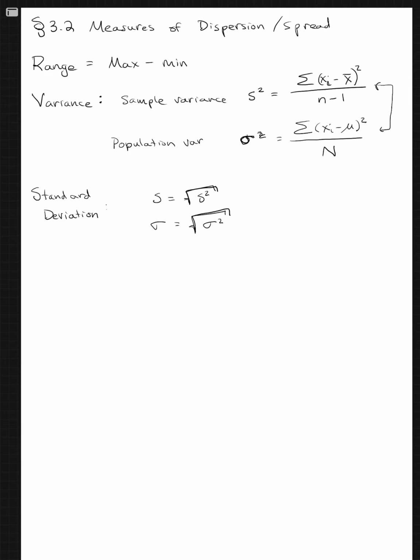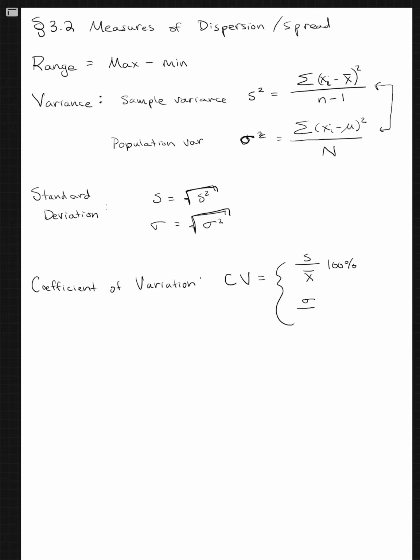There's a couple of things that we can do with this. We can do the coefficient of variation, which is called CV. And for a sample, this is S divided by X bar times 100%.